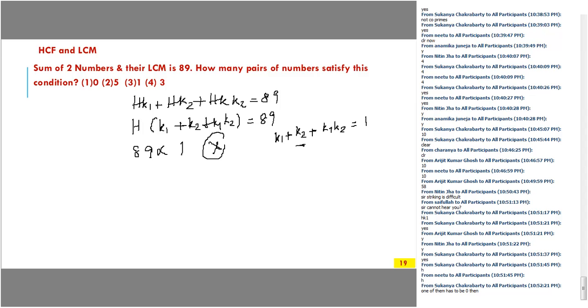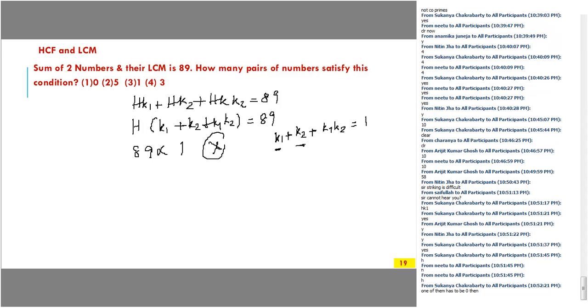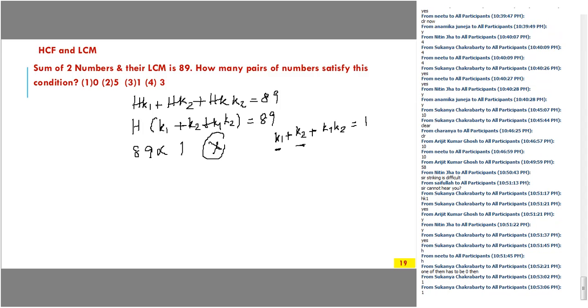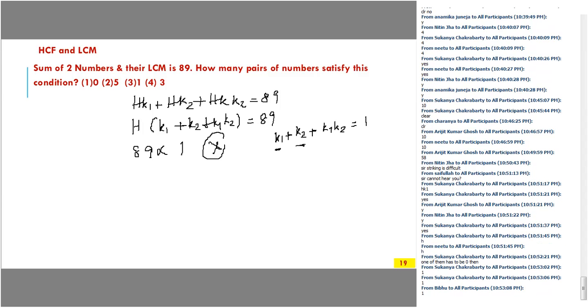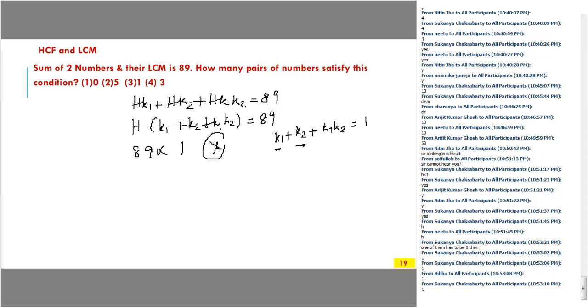How do you solve this kind of question? What's the coefficient of K1 here? What's the coefficient of K2? What is 1 into 1?